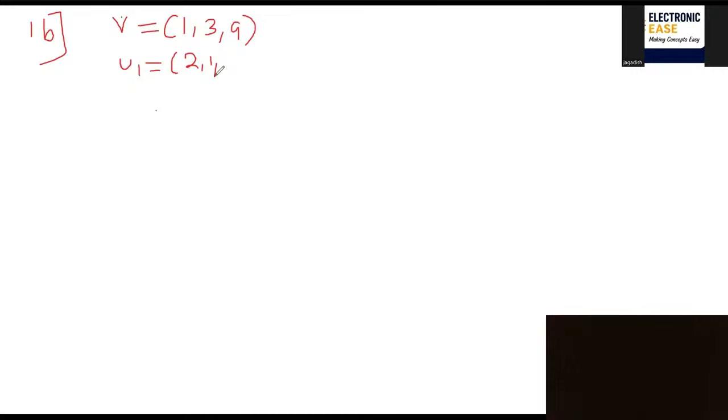January-February 2023 paper, students. U2 is how much, students? U2 is 1, minus 1, 1. U3 is how much, students? U3 is 3, 1, 5.